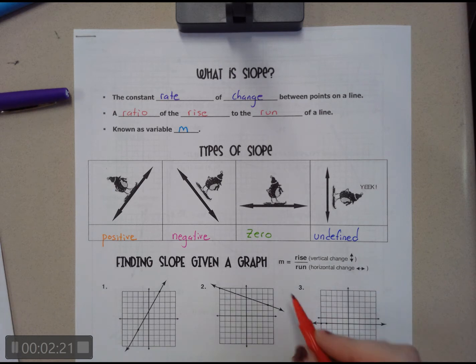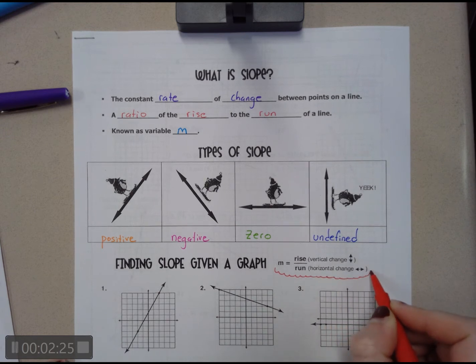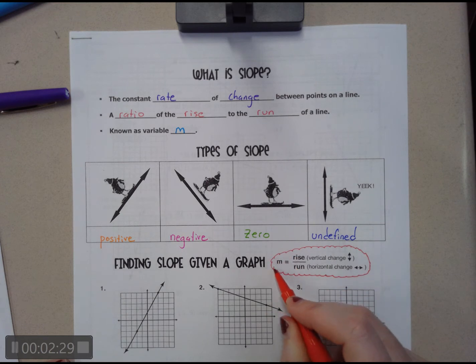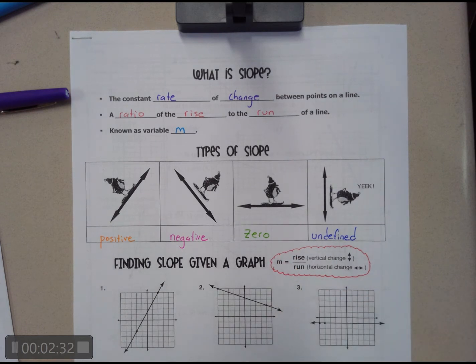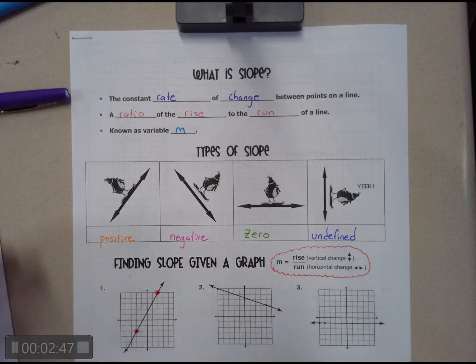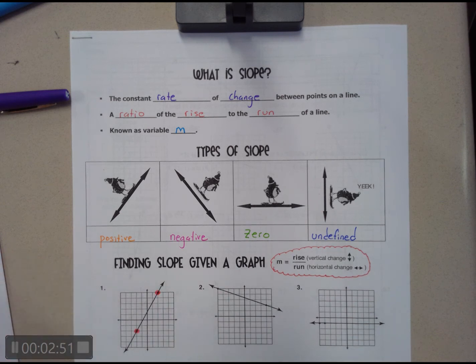Now I think it's very important to notice that right here it says rise over run, and that's our slope. Okay? So our rise is our vertical change, and our run is our horizontal change. So in order to find our slope, what we want to do is take a look at the points we are given, and I like to make them a little bit bigger just so that I can actually see where they are.